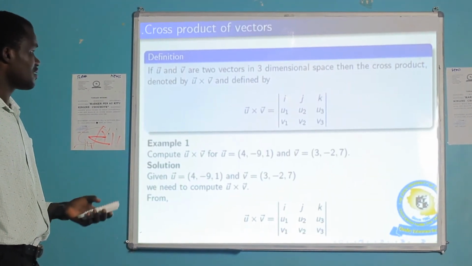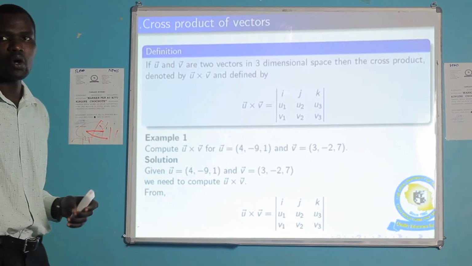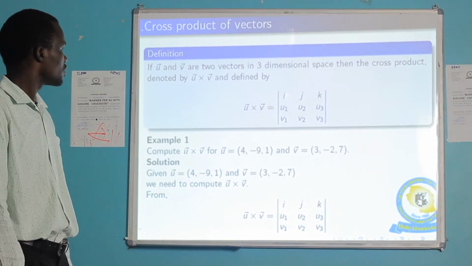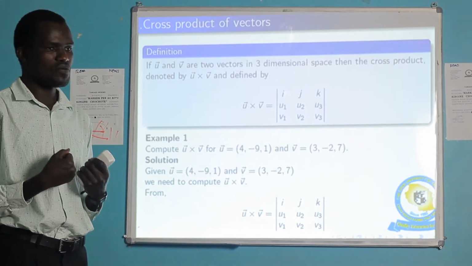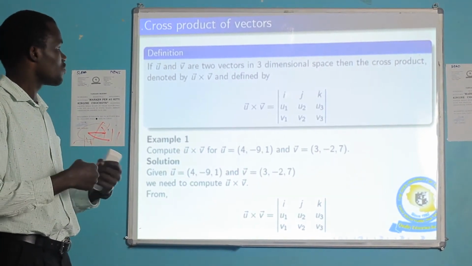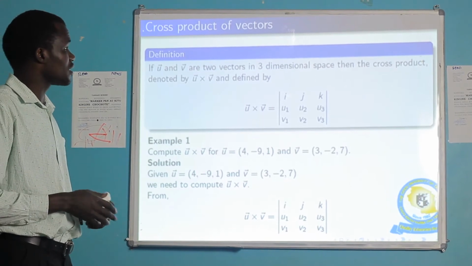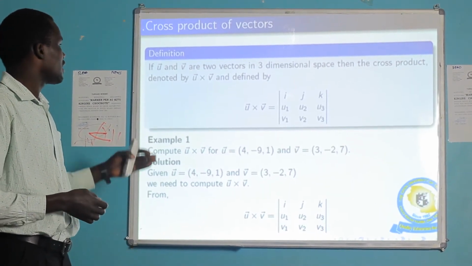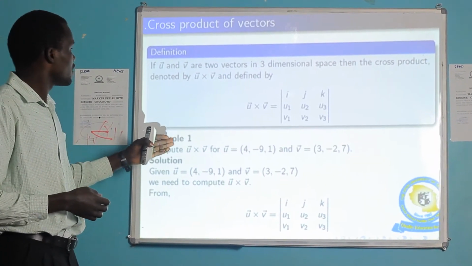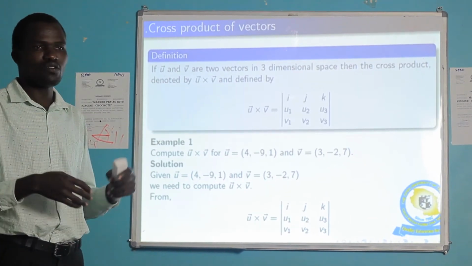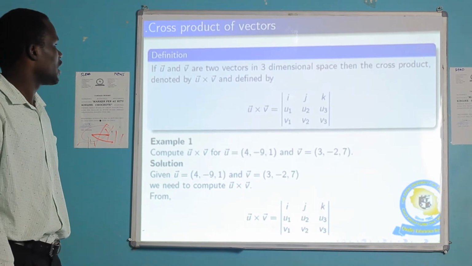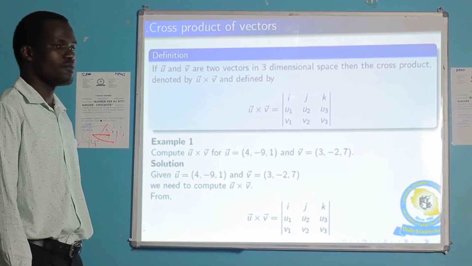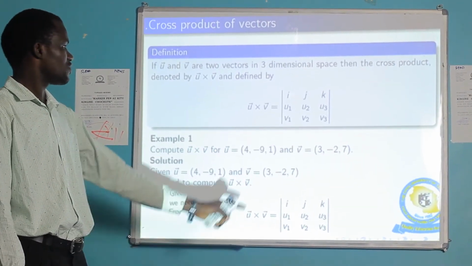Okay, let's see what the cross product of vectors is. By definition, if you have two vectors, just consider in 3-dimensional space, then the cross product is denoted by vector u with this sign of multiplication, vector v, and it's defined this way.